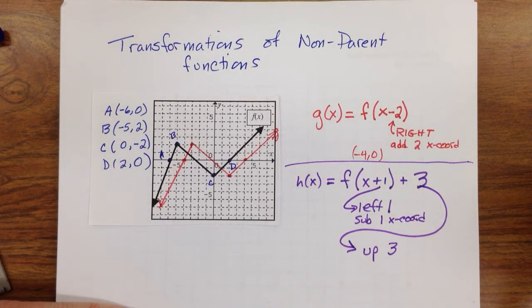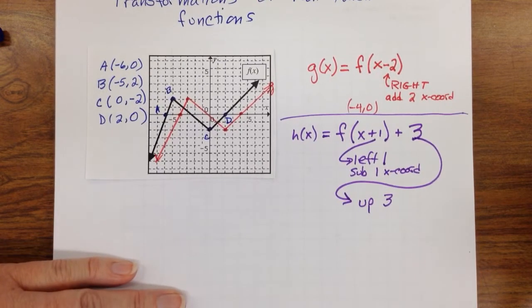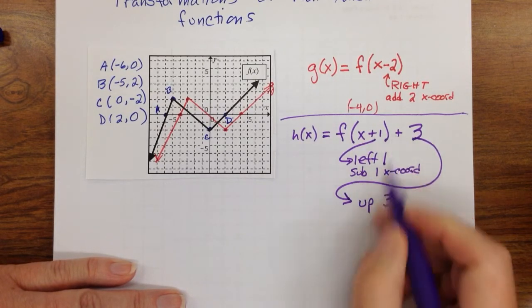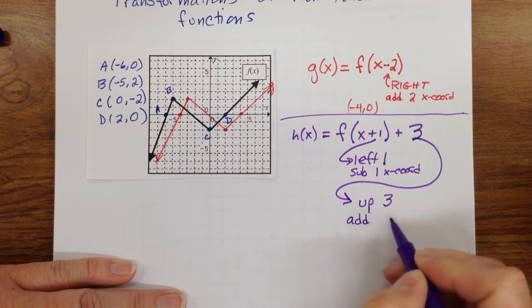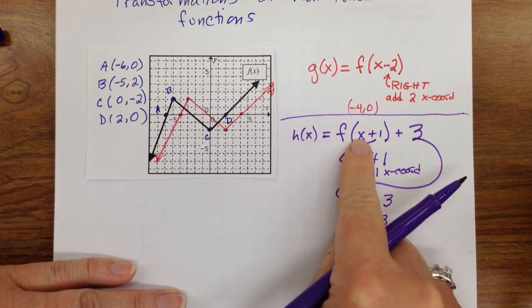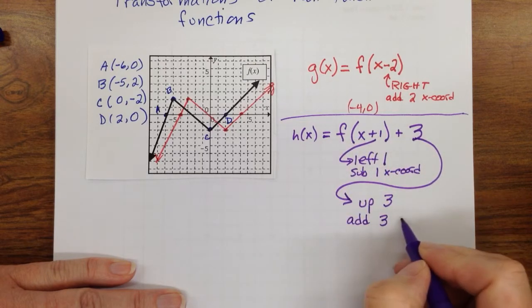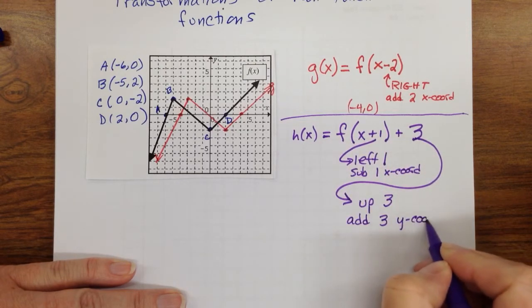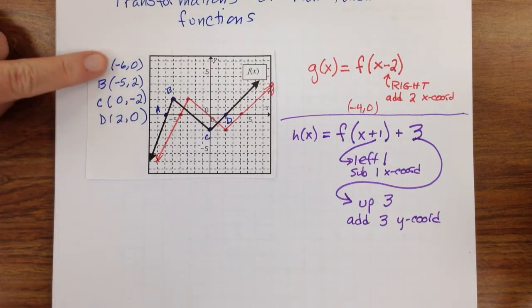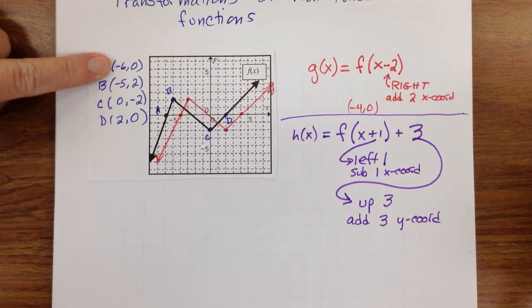And if you wanted to physically do the math, you would do what it says. You would add, because it says add, do what it says, add 3, but not with the X coordinates. You would add 3 to the Y coordinates. So if you wanted to physically do the math to the A point, now over here is the A point, it's -6, 0.